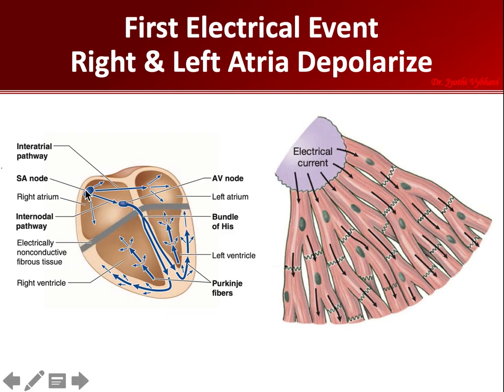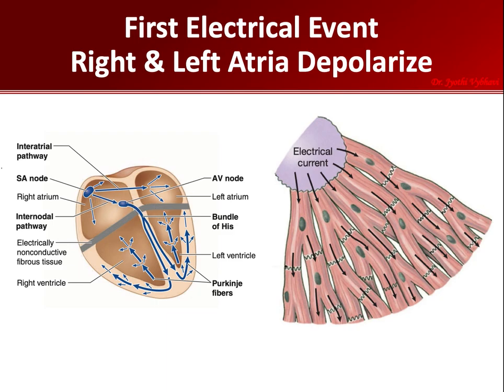Now the SA node has fired, and electrical current is coming from the SA node to the adjacent cells. This group of cells will be connected with the second group of cells, and the second group with the third group. Once the depolarization wave comes from the SA node, it travels downwards and leftwards. Why downward and leftward?